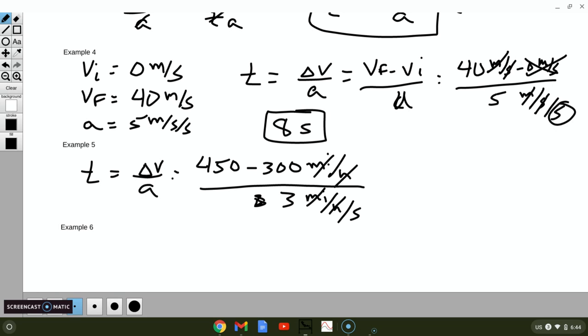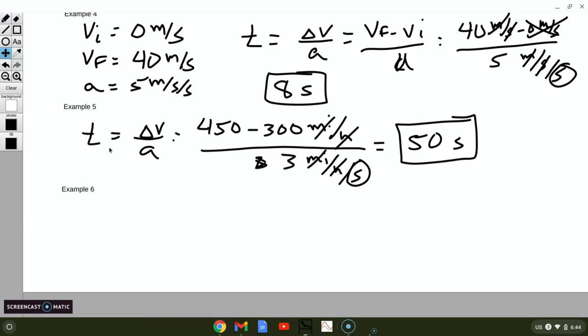Miles cancel, hours cancel. We're left with seconds. This is 150. So 450 minus 300 is 150 divided by 3 is 50. So it took 50 seconds. I know it's seconds because that's what's left alive. All right, so same thing on number 6. Hit pause, work number 6, and then come back and check the answers yourself.